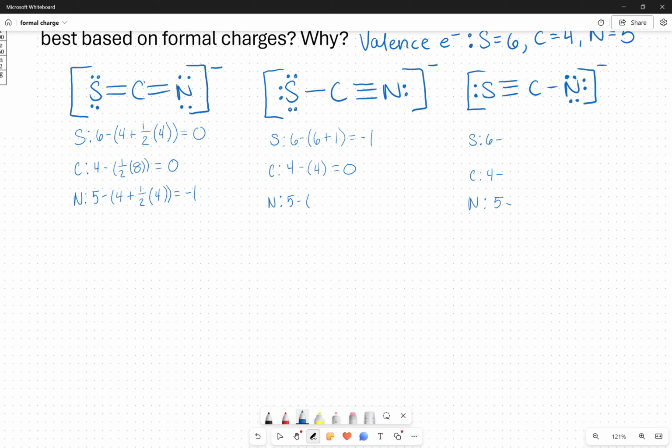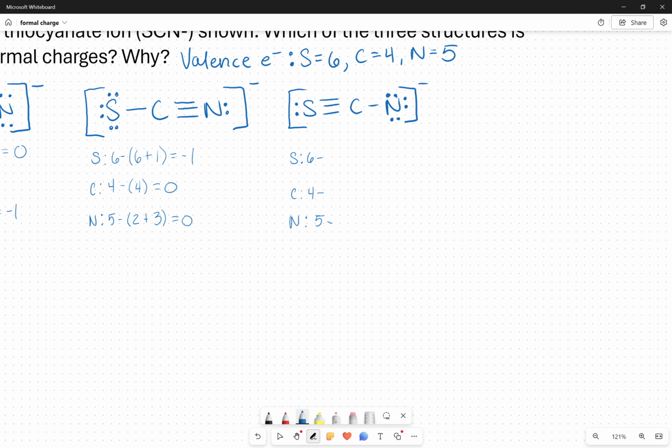Nitrogen, in this case, starts with only 2 lone pair electrons, and we have 3 bonds, so 6 bonding electrons, and 1/2 of 6 is 3. So subtracting this, we end up with a formal charge of 0 on nitrogen for this representation.